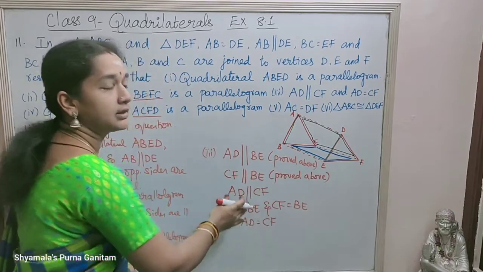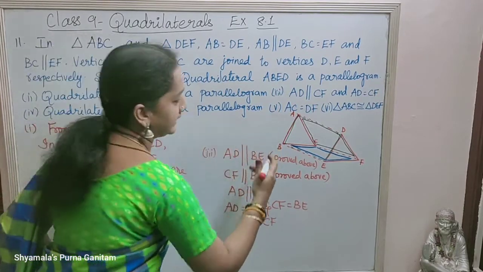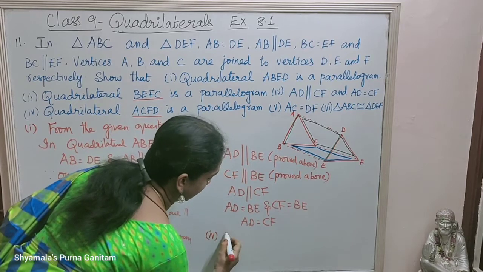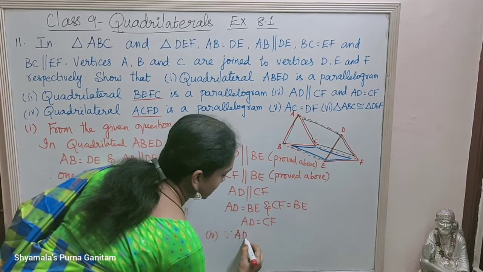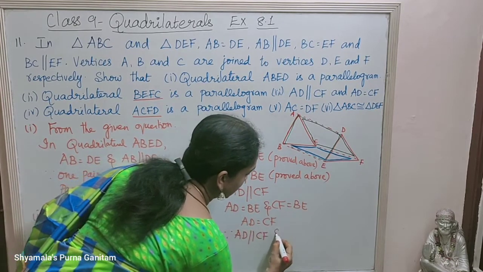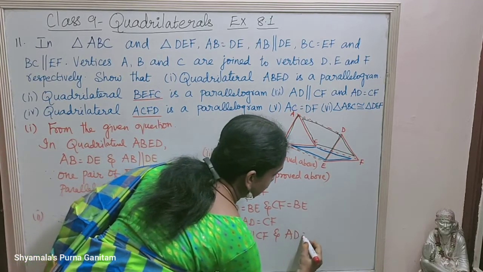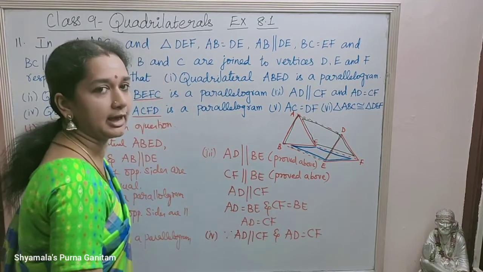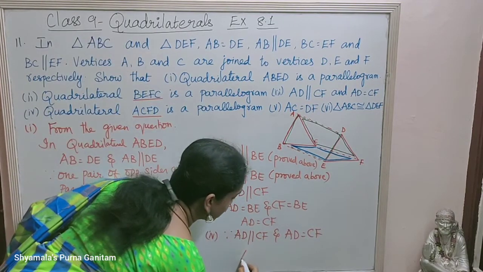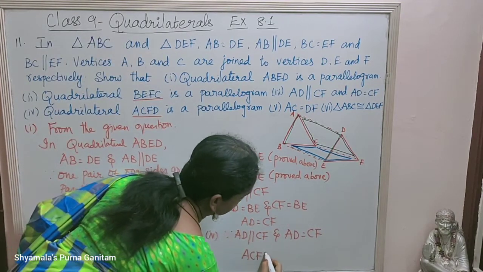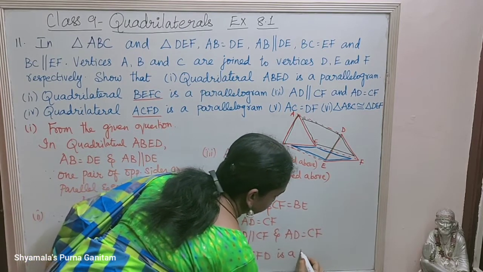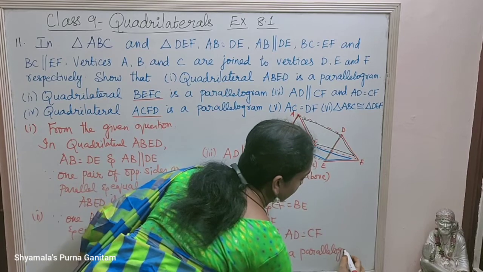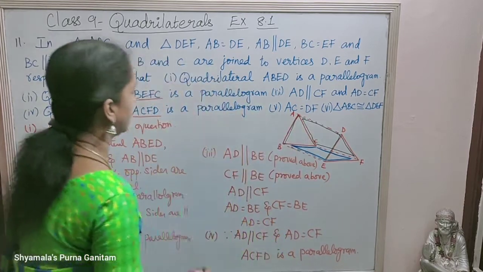From the third one we are taking and writing that since AD is parallel to CF and AD is equal to CF, one pair of opposite sides are parallel and equal, that you have to write. So ACFD is a parallelogram. Okay.